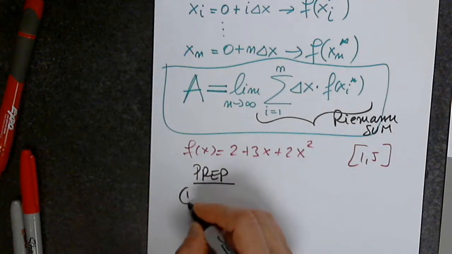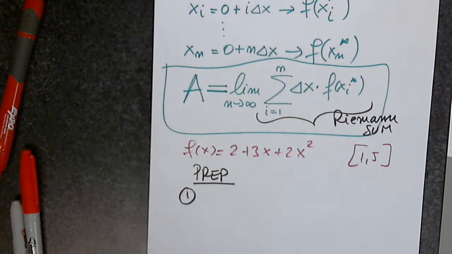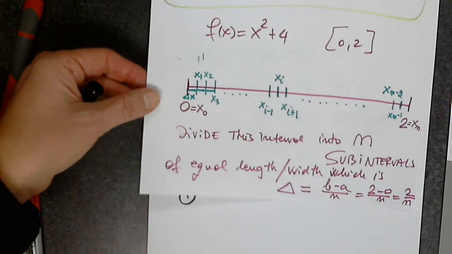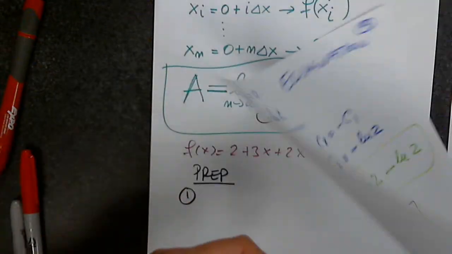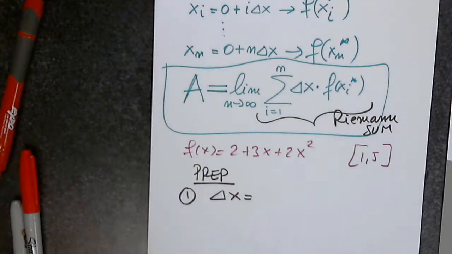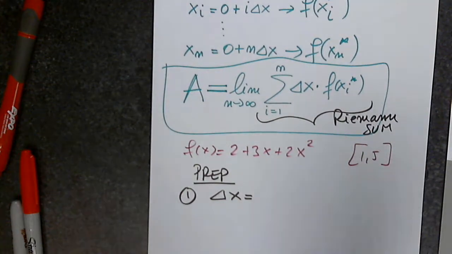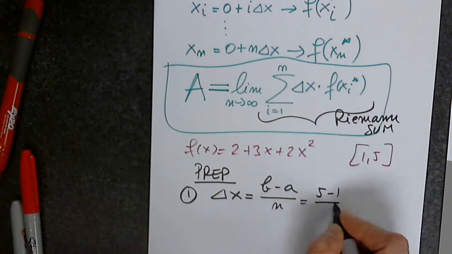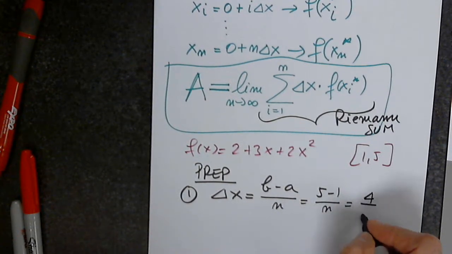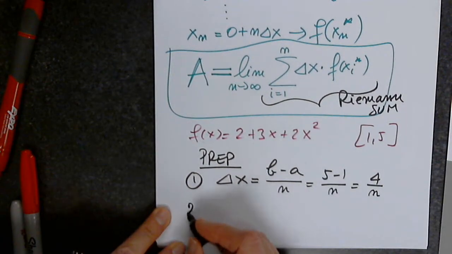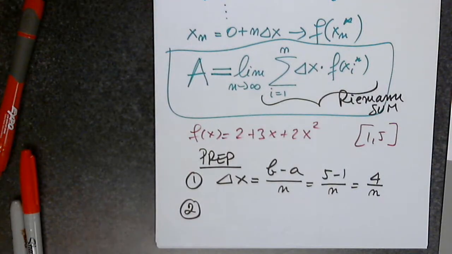First prep is, what do you think? What was the first thing we determined here? Exactly, thank you. Excellent. Of course, delta x. By definition, b minus a over n, which is 5 minus 1 over n, which is 4 over n. That's my first prep. Prep number 2, xi.